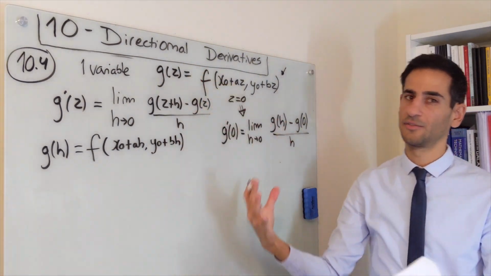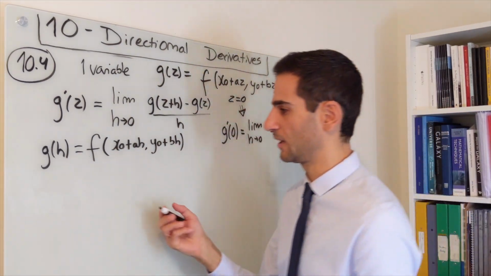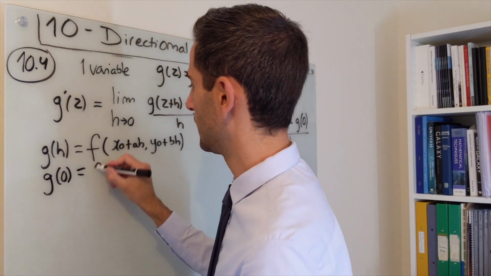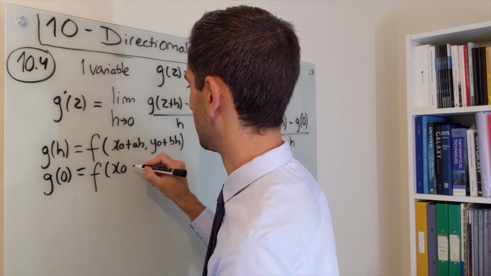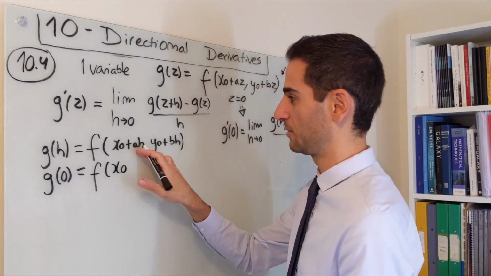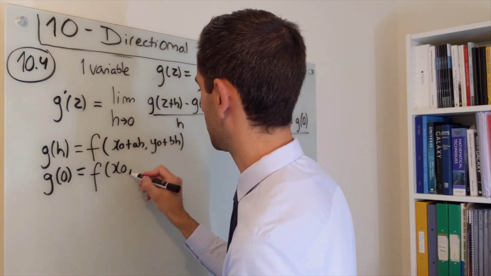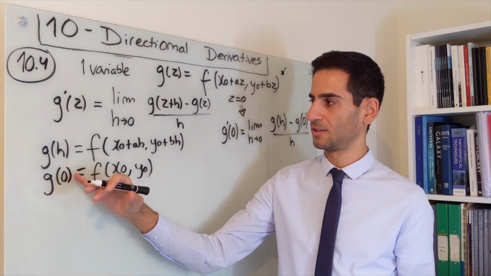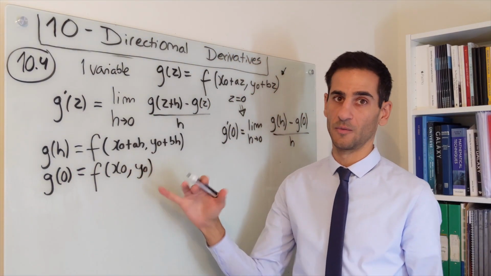It's just following the definition of g of z. In a similar way, we also know that if we plug in 0, this becomes 0, and we get f of x0, y0. This implies that g of 0 is just f of x0, y0.